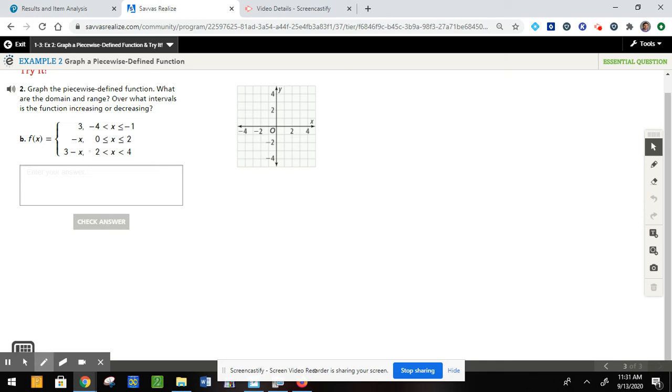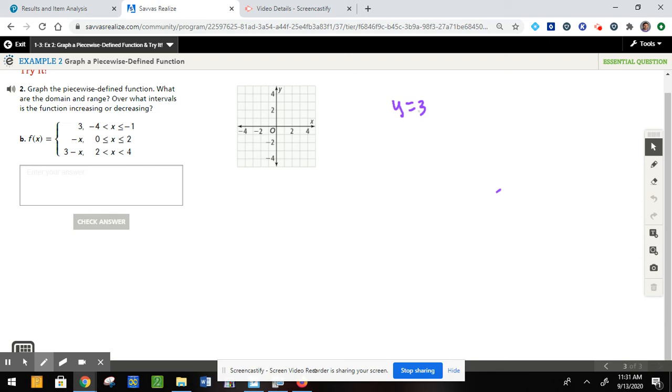Again, three functions, broken up by those domains. So f of x, y equals 3, is between -4 and -1. I don't really even need to do an xy chart, because the y value is 3 no matter what it is.